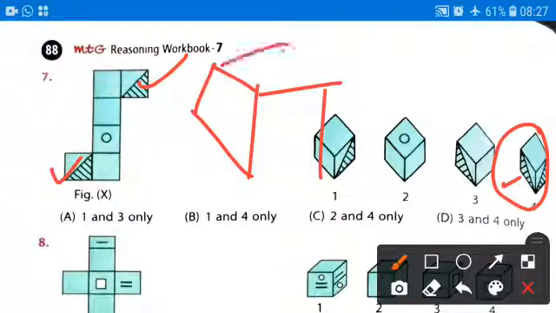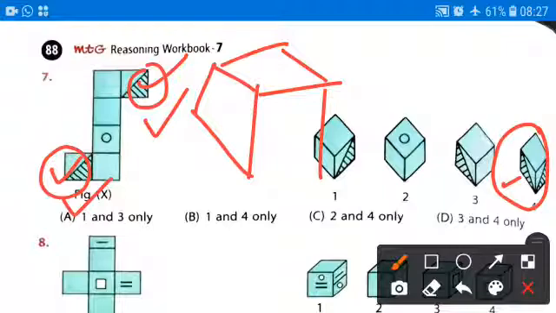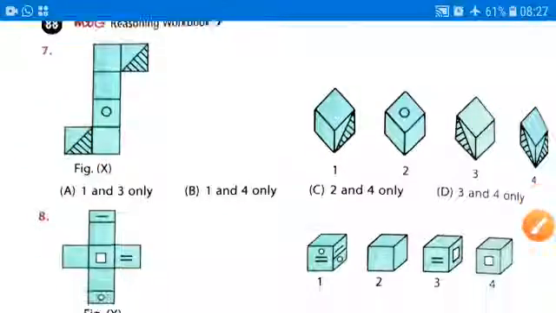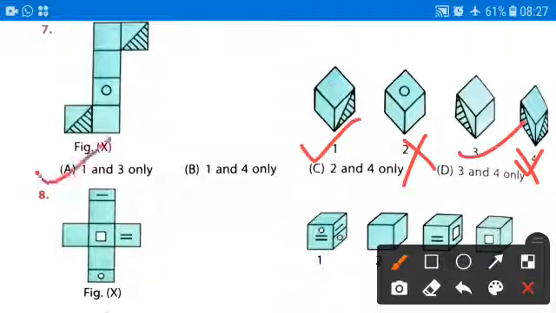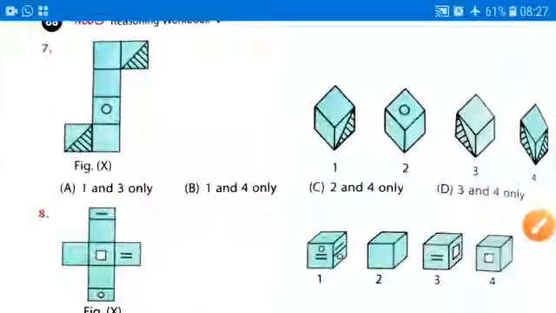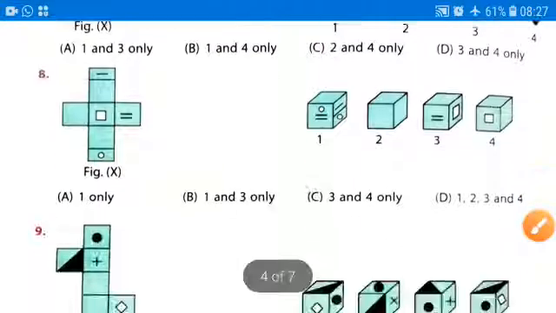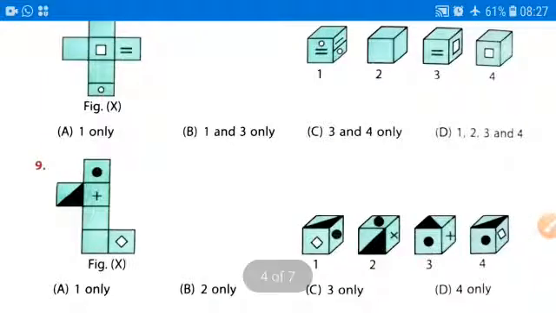For example, if this is the top, this is the bottom, this is the left, this will be the right. So the fourth one, figure 4, is also wrong. So what are we left with? 1 and 3. So option A will be the correct answer for the question. Okay, thank you. Next.